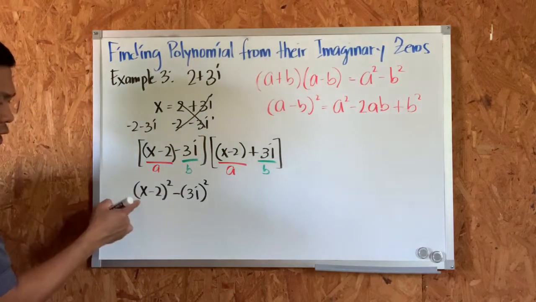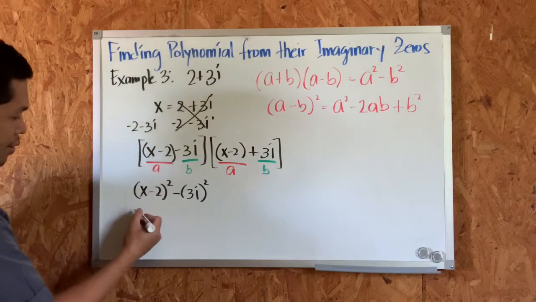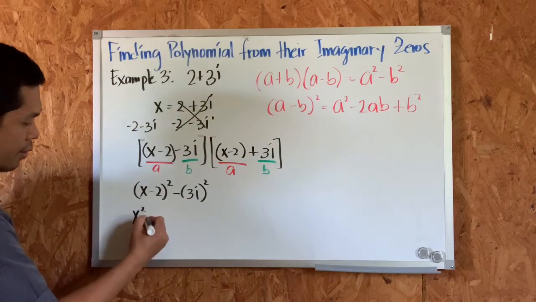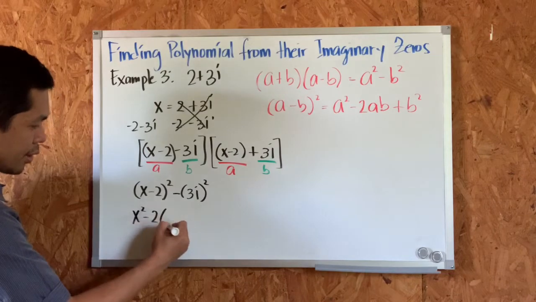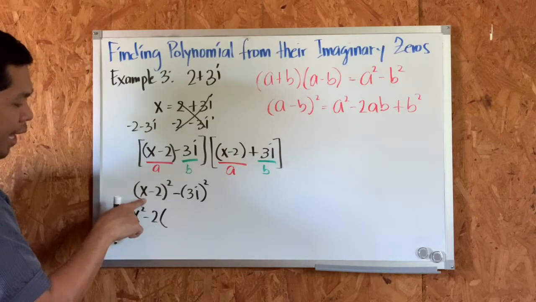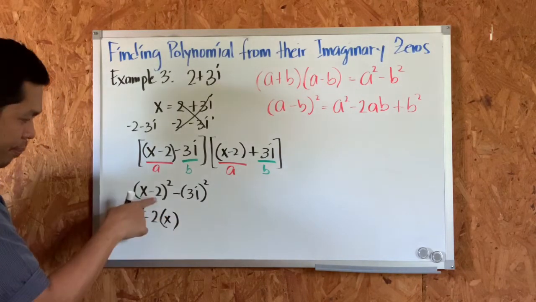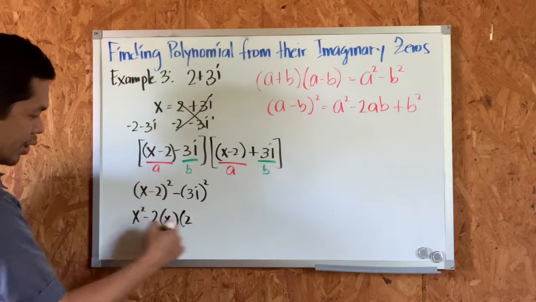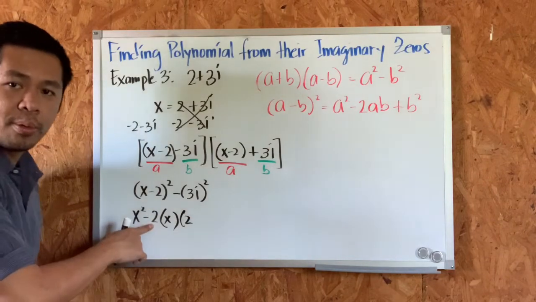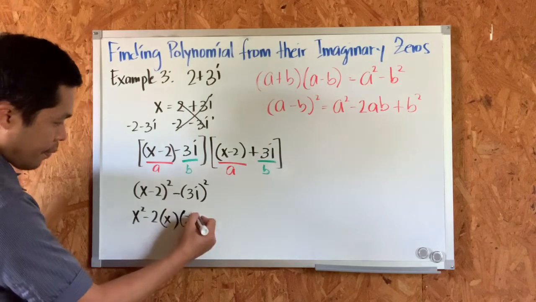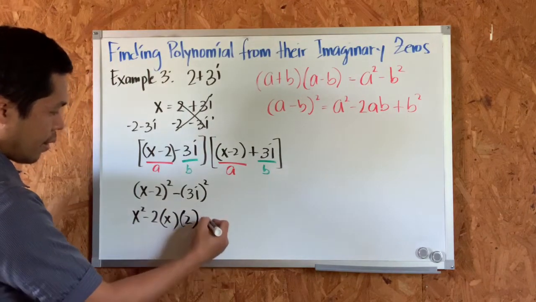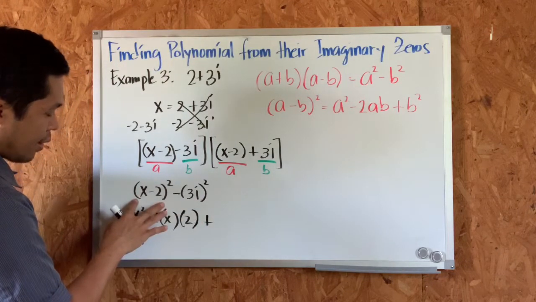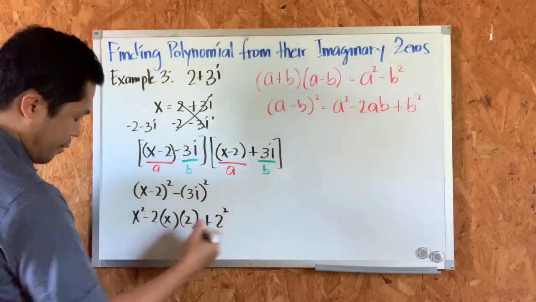Our a this time is x. So that's x squared minus 2 times our a, which is x. Our b incidentally is also 2, similar to here. But this is always 2. Plus 2 squared.